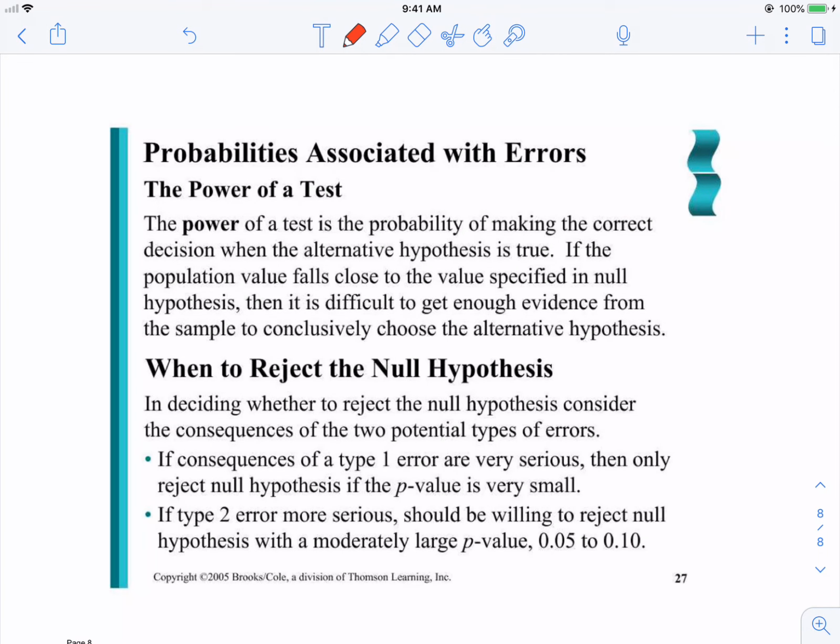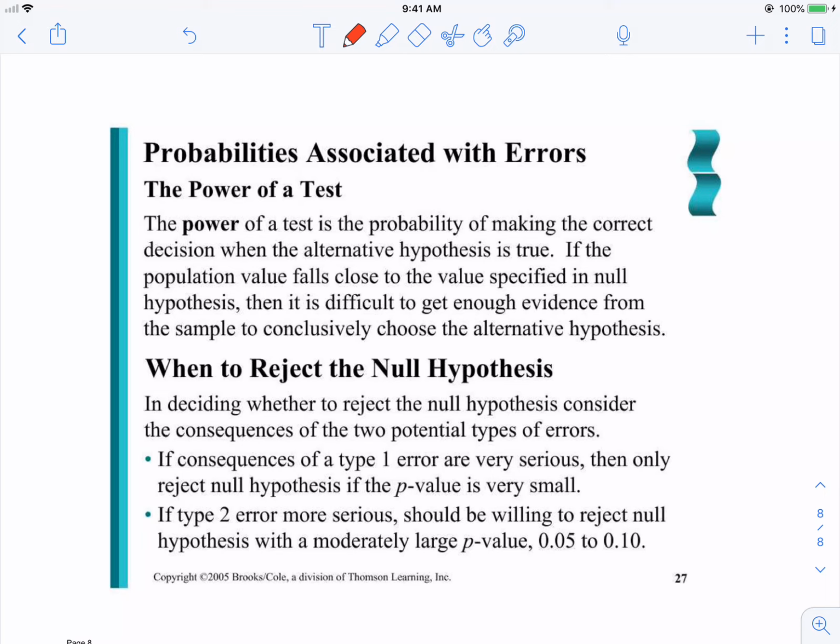So our last slide here: sometimes you'll hear the power of a test referenced. The power of a test is the probability of making the correct decision when the alternative hypothesis is true. If the population value falls close to the value specified in the null hypothesis, then it is difficult to get enough evidence from the sample to conclusively choose the alternative hypothesis.